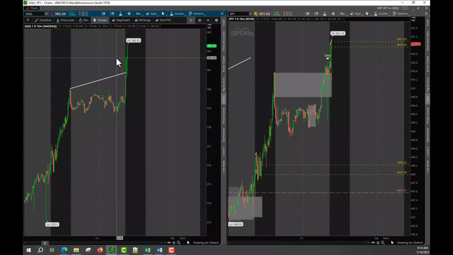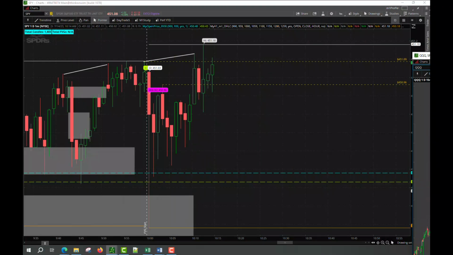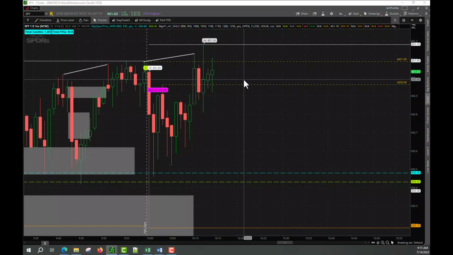We see that QQQ is not even going down to retest this bullish breaker, but the SPY retests twice. So far we don't see any divergence at all. So there's no retracement, no reversal in play right now. So we continue the trend to go up.